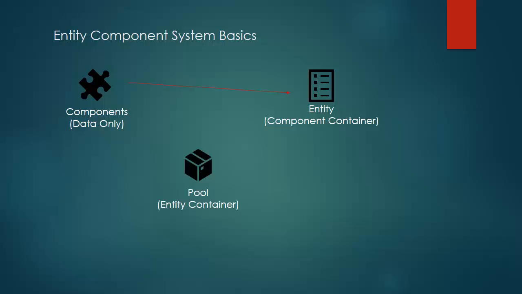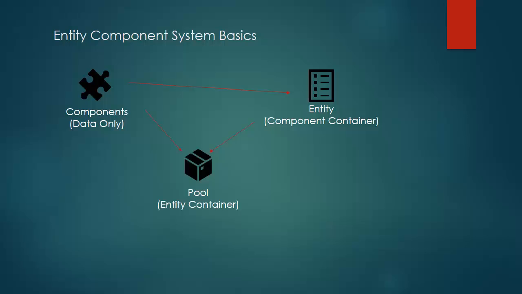Now we have a pool, and I've represented this with a box because basically the pool is just a place to shove everything else. This picture is a little deceptive, because in the way we're going to be implementing it, the components are referenced in the entity, the entity controls that, and there's a pool directly there.